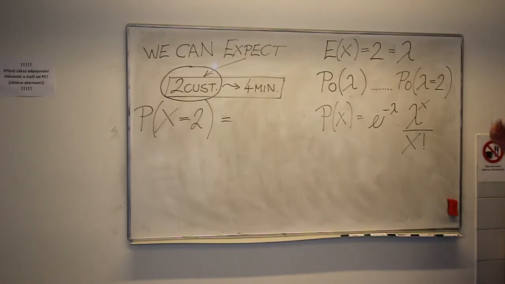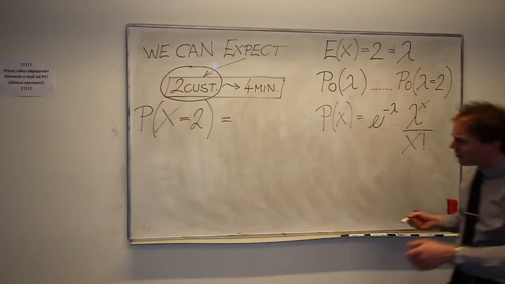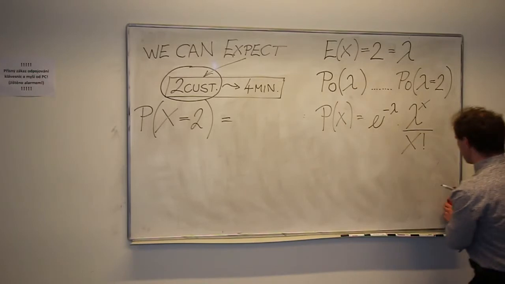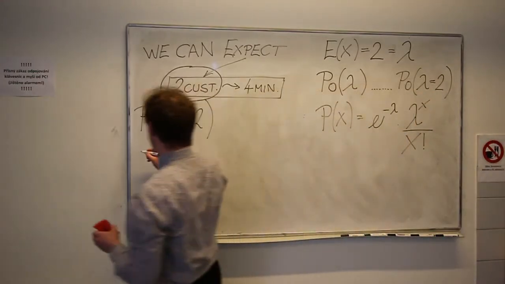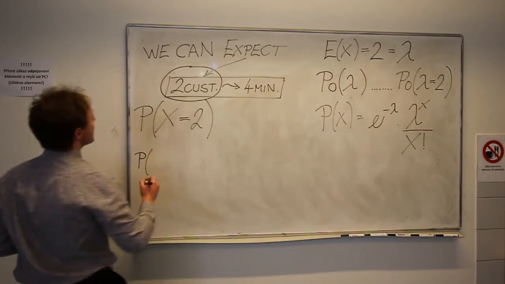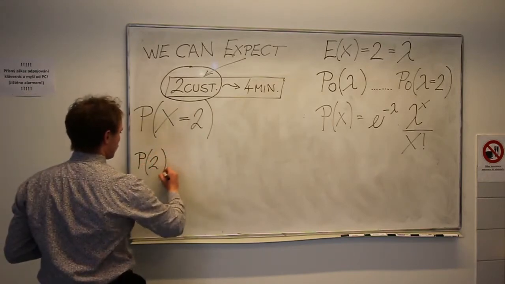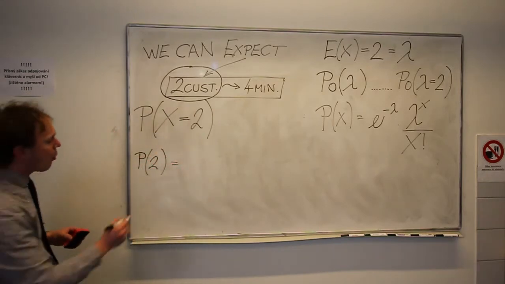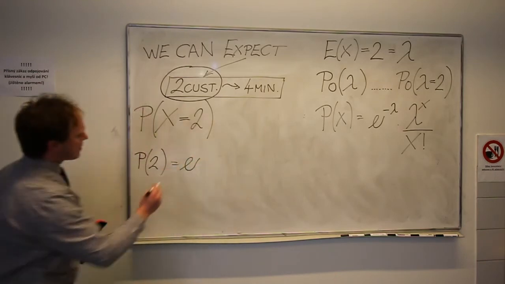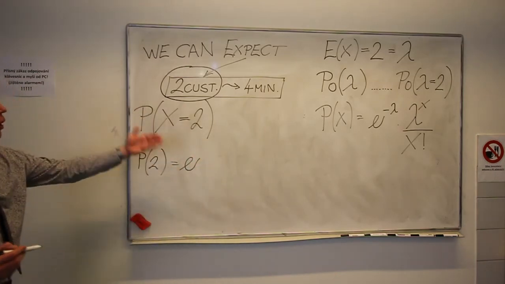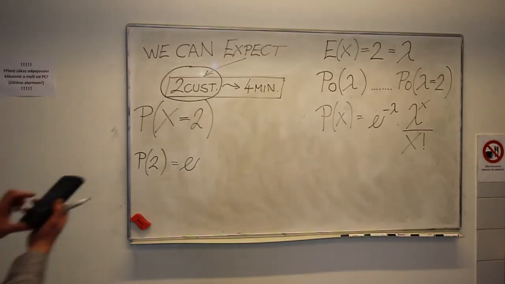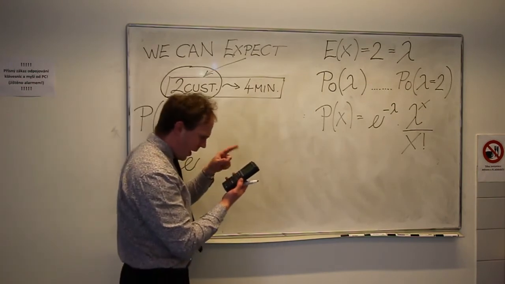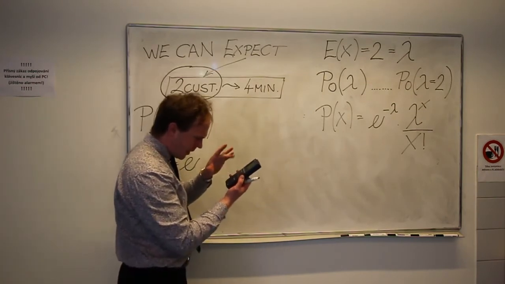Yes, this is the probability function, and we would like to calculate the probability that random variable x will be equal to 2. So the probability that random variable x will be equal to 2 will be calculated like Euler constant. This is the base of the natural logarithm. Yes, if you have a calculator, I have a calculator here. Euler constant, where is E?